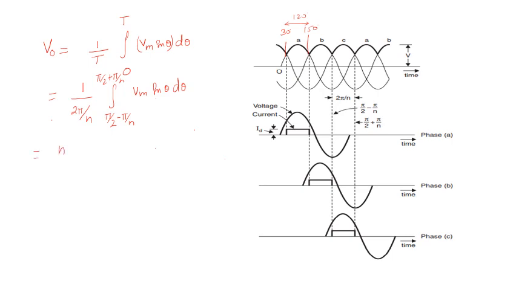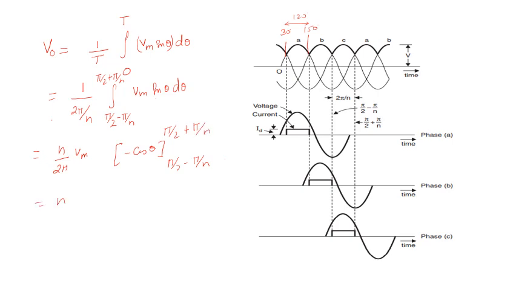So I can put it like this, n upon 2 pi, and I'm putting Vm outside. Sine omega t will be your minus cos theta, and it goes from pi by 2 minus pi by n to pi by 2 plus pi by n.